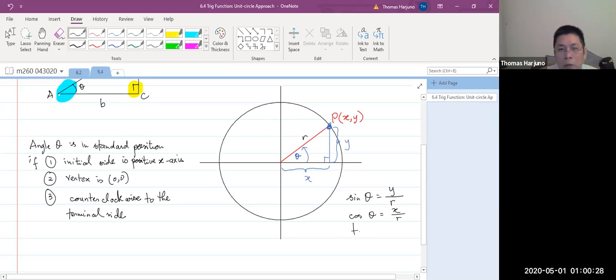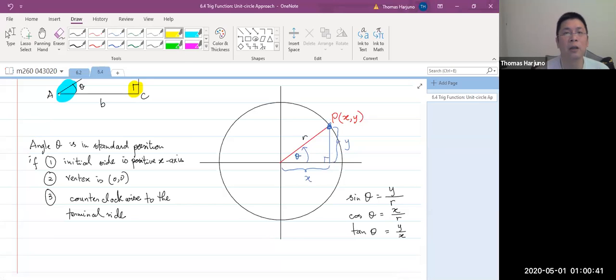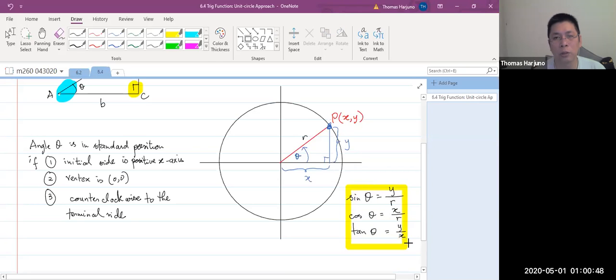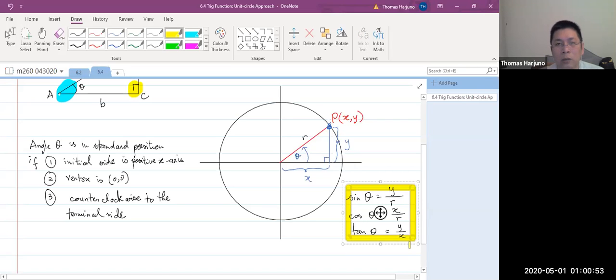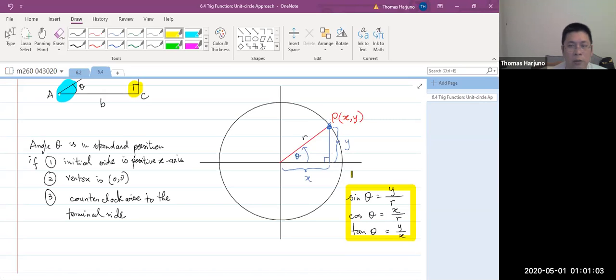Tangent theta will be y over x. So we redefine it. And even though it seems to be just the same thing that we had last time, it is true: if my P is in quadrant 1, then we have exactly the same definition as before. But notice that this definition actually can carry into other quadrants.